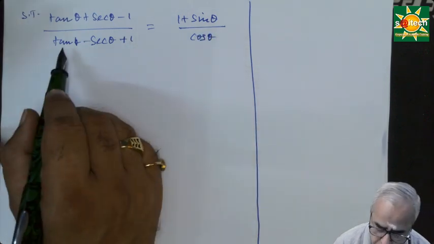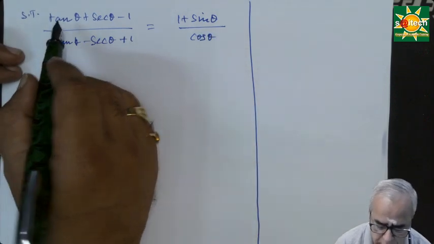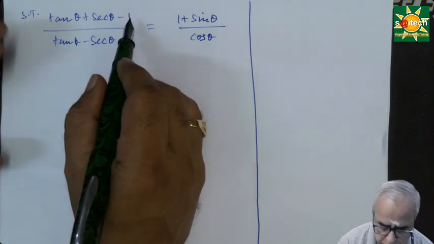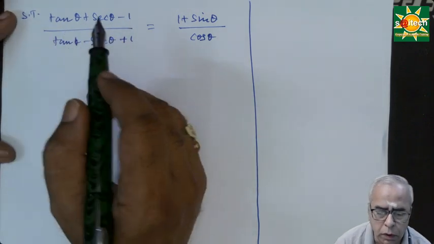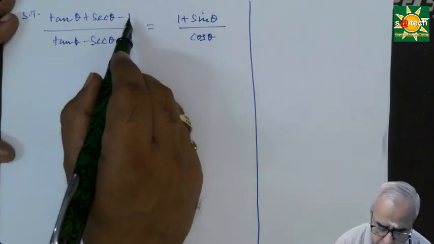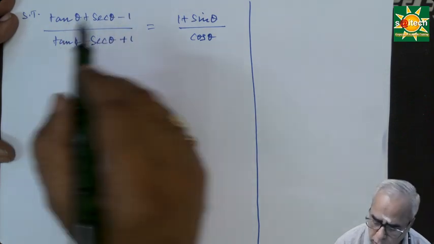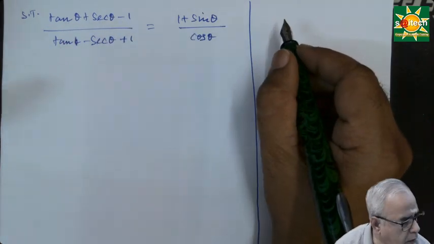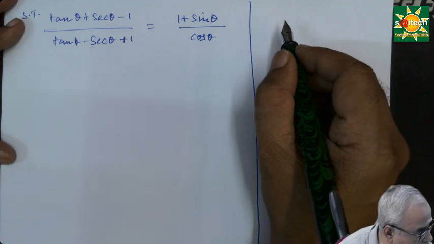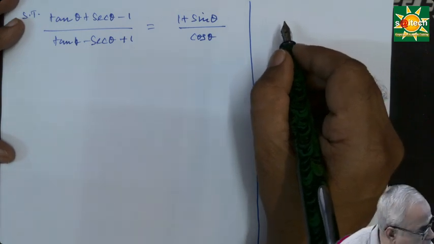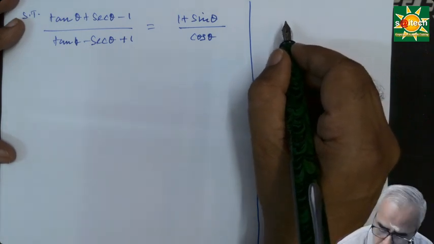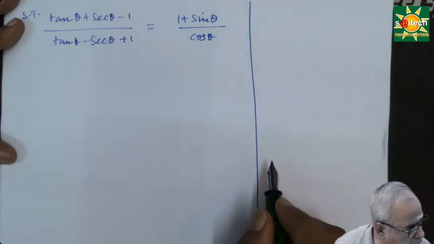But in the case of LHS, you have tan theta, secant theta, and then you got 1 also. Always you can target the 1: which trigonometric identities can give you 1? Let us try out some basic formulas.